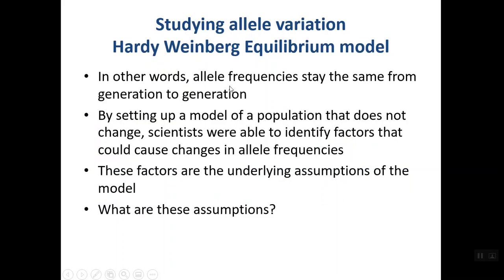So, first of all, what does the equilibrium state conceptually? The equilibrium model states that allele frequencies stay the same, or don't change, from generation to generation over time if some conditions are met.